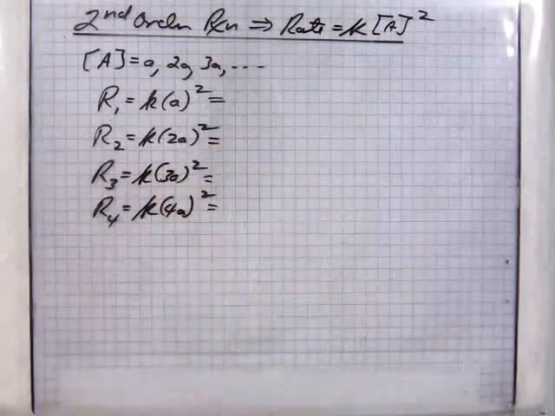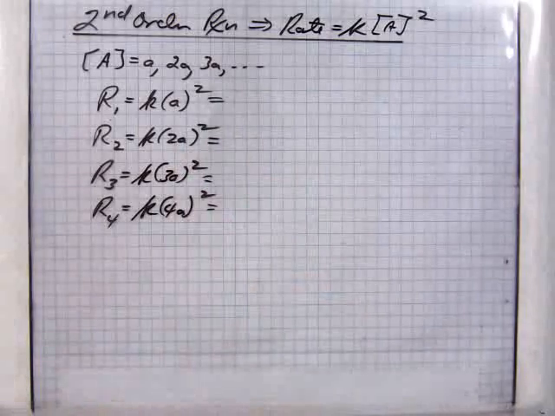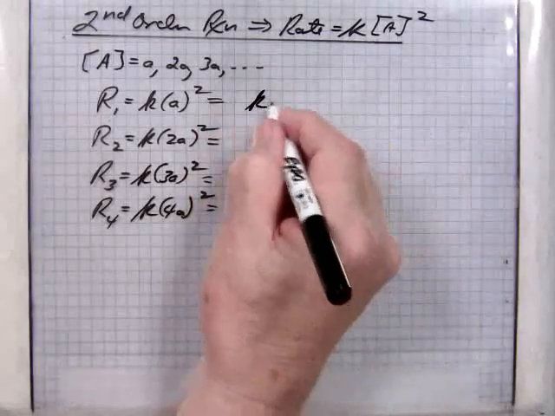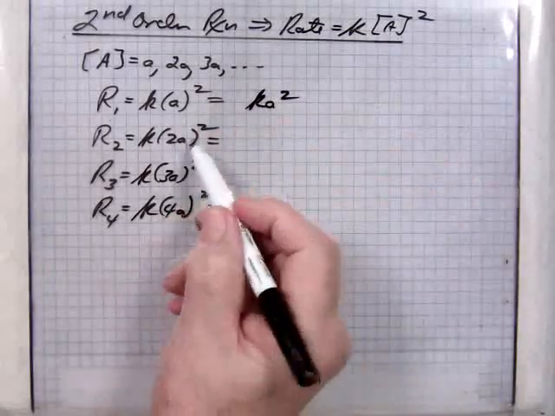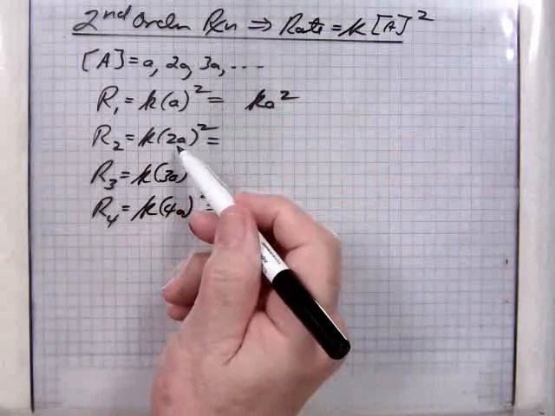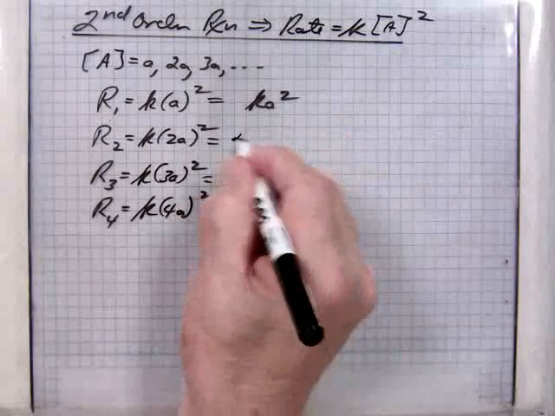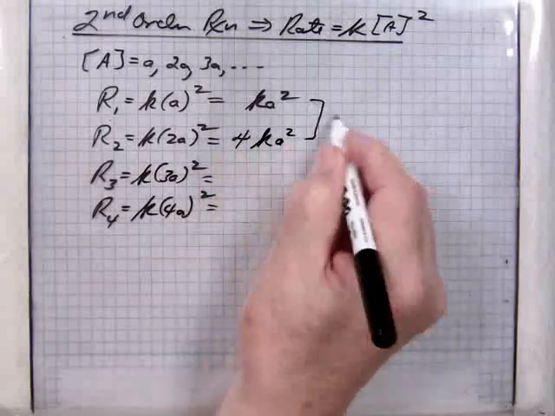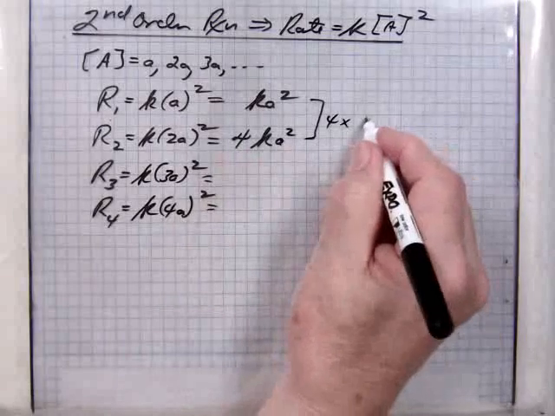So what happens if the reaction is a second order reaction and we change concentrations? This gives you K A squared, but when you go to double the concentration, 2A becomes 4A squared, and so we have a 4 times increase in reaction rate.